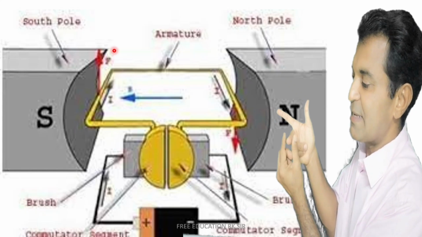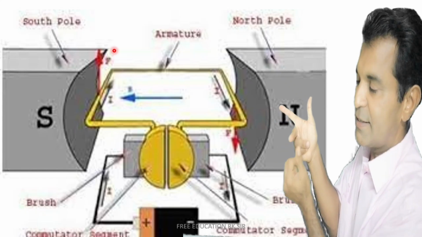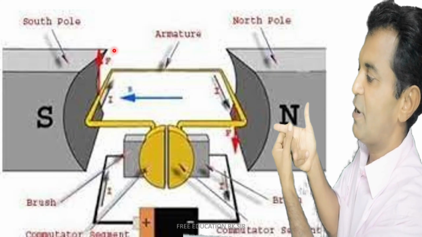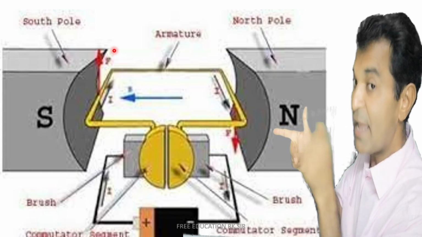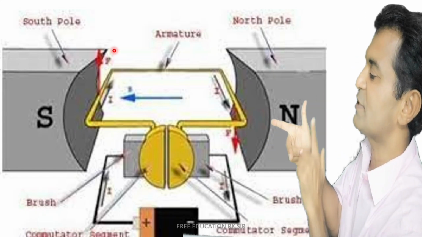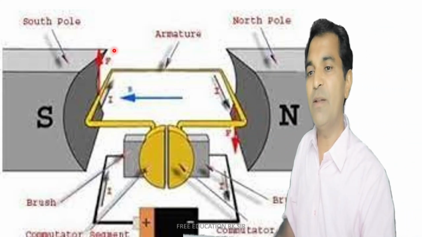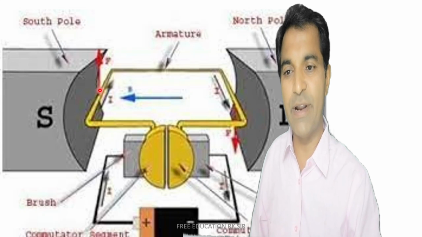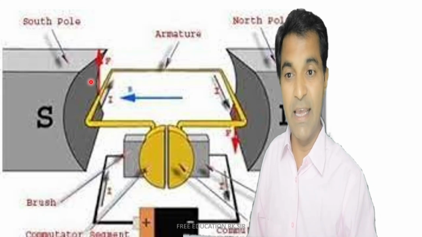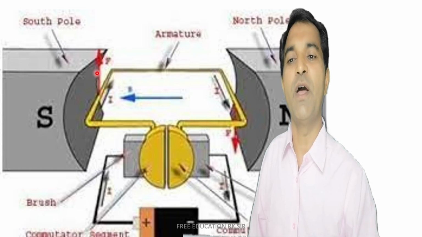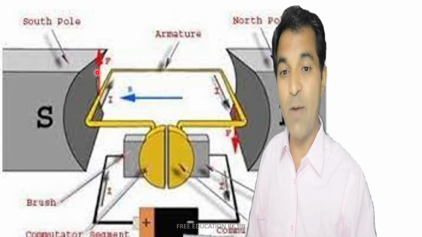So if this represents the central finger, that is current, going in this direction, field this direction, then that conductor will experience force in upward direction. It is very clear. You can see that yes, it is experiencing force in the upward direction.